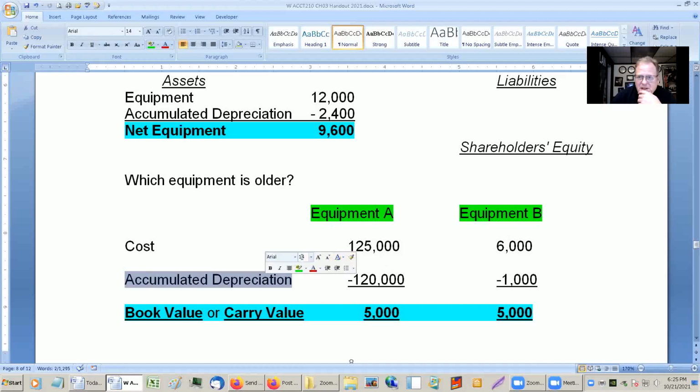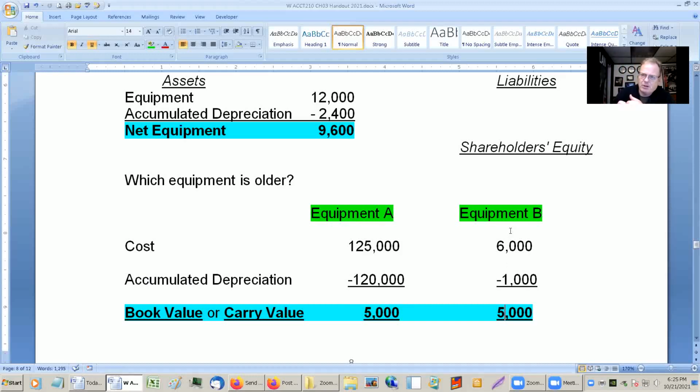Yeah, it messes things up. It'd be a whole lot easier to just keep writing it down. But the idea is that it gives people a lot more information. That's what accounting is about. We want to give people in management, people who make decisions, as much information as possible.